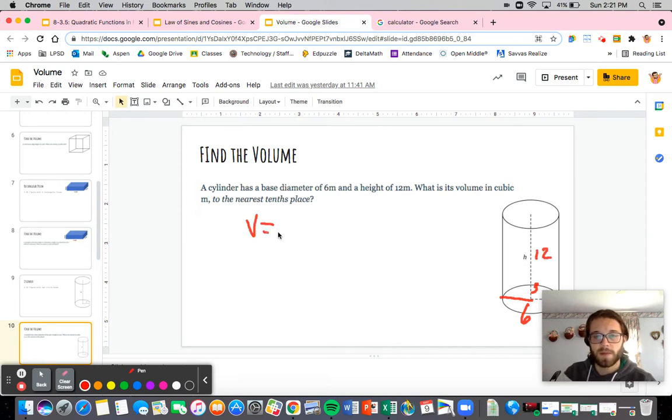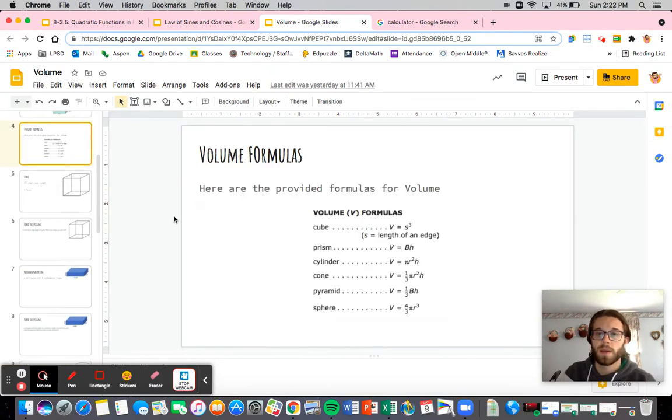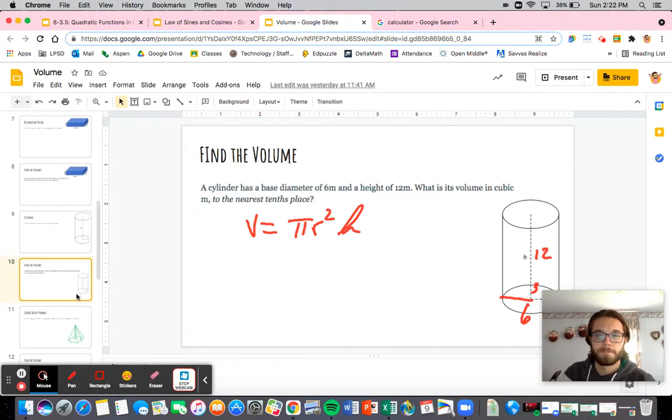So as a reminder, the volume is pi r squared times h, right? Which you got right here, right from the formula. Pi r squared times h. All right, so we're just going to substitute in.